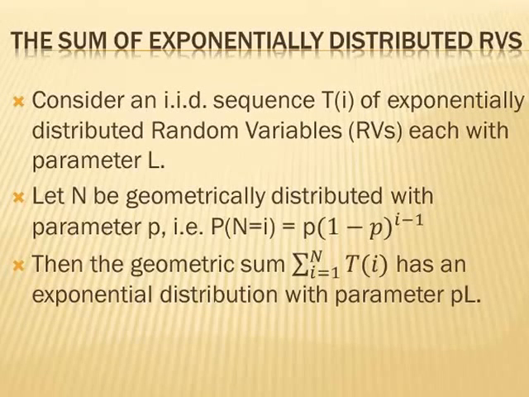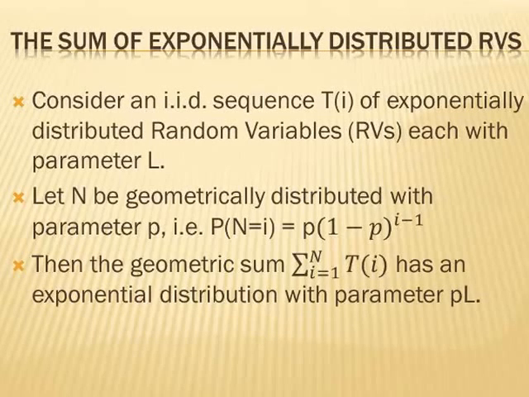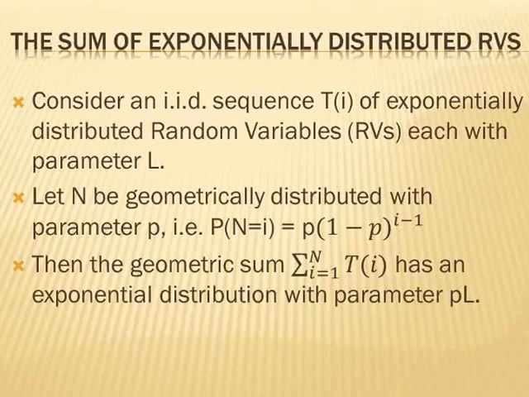Then it turns out that the geometric sum of Ti, so the summation of i going from 1 to capital N, which is geometrically distributed, of the IID variables Ti, has also an exponential distribution with parameter P times L.